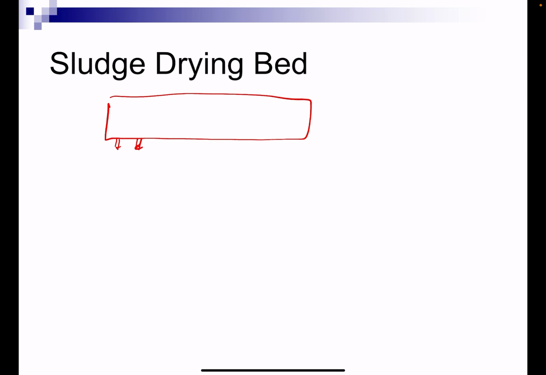So, the sludge applied to the drying bed. You assume an amount of sludge that you are putting in your drying bed. For example, I assume 100 kilograms per megaliter per day.